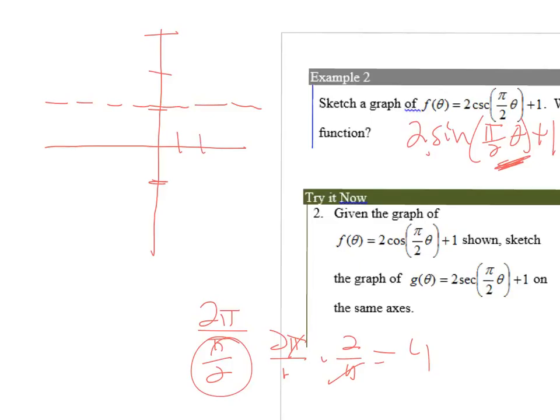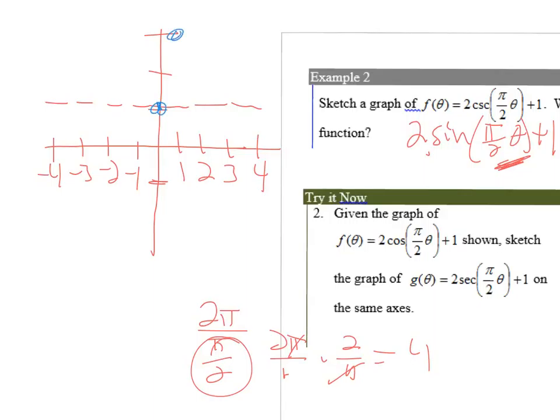So I'm going to come over 4 lines. Label that 4. Half of it's 2. Half of that's 1. 1, 2, 3, 4. I think I'm going to do 2 cycles. I'm going to come to -4 and -3, -2, -1. And the sine starts at the midline.